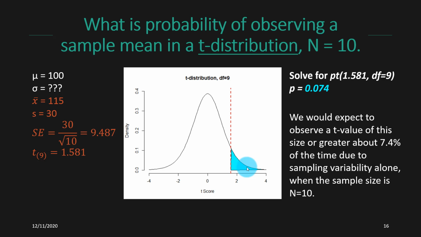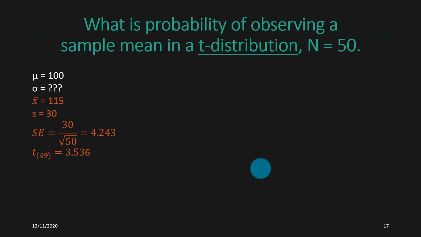And in this case, if we solve for the probability of getting a t of 1.581 or greater when you have 9 degrees of freedom, that's a p of 0.074. So we would expect a t observed value of this size or greater about 7.4% of the time due to sampling variability alone under the null hypothesis. So assuming that the true distribution is centered on 0, we would expect to get means of that size or greater about 7.4% of the time when the sample size is 10.